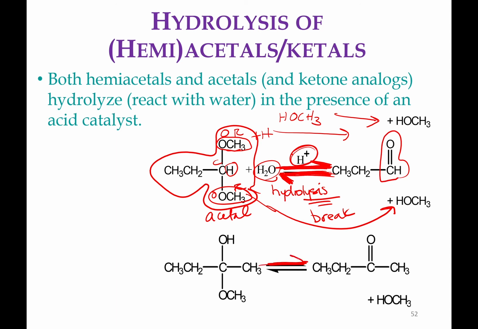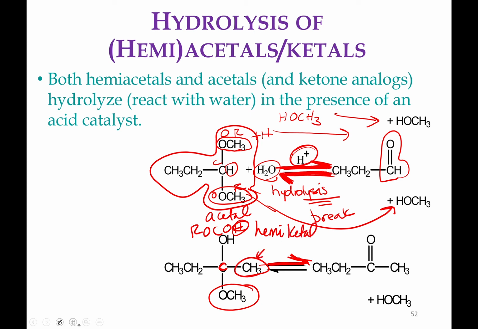Here, going in the forward direction, we're going to break off. This is a hemi, right? So I have HOCOR, ROCOH, because I have the OH, it's a hemi, and it's a ketal. It's a ketal, because that's an R group.